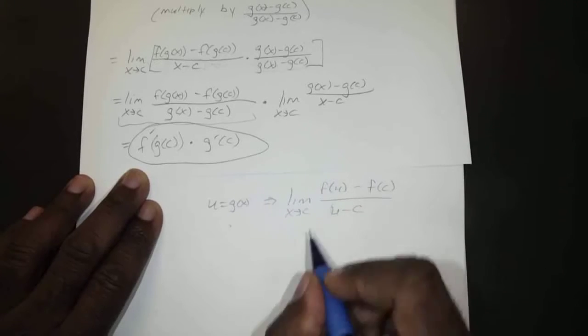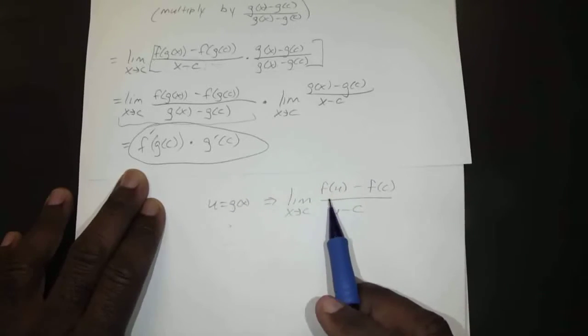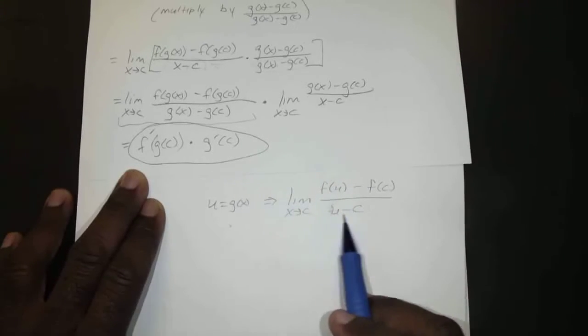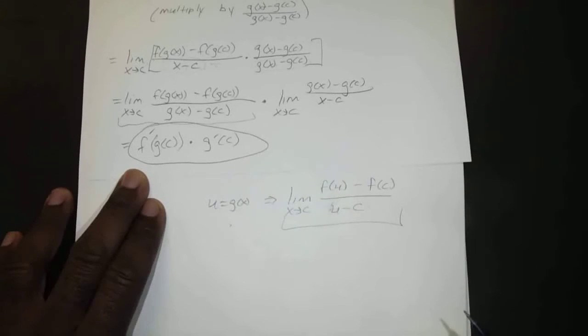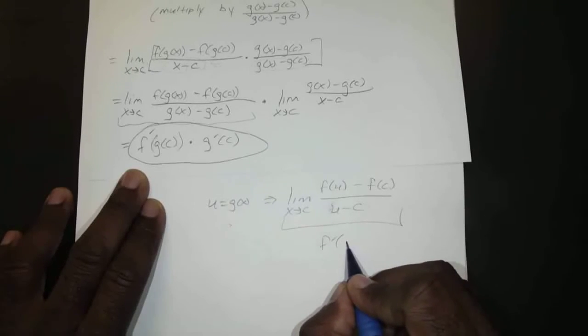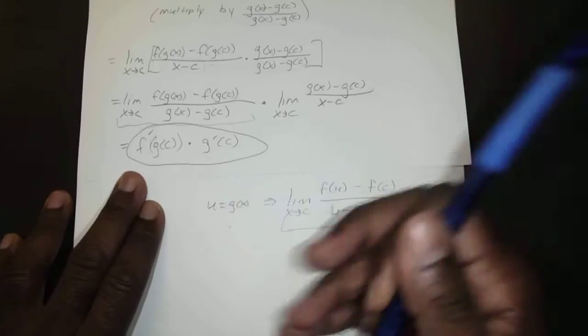as x approaches c. Remember, this is just our h. So this is like saying f of x plus h minus f of x all over h. When we do that, that would have just been our derivative. But here, this is f prime of u, or f prime of c actually, since we have an actual value.